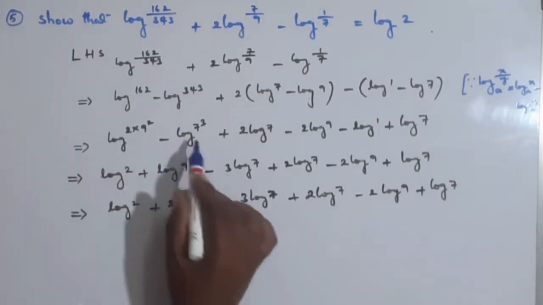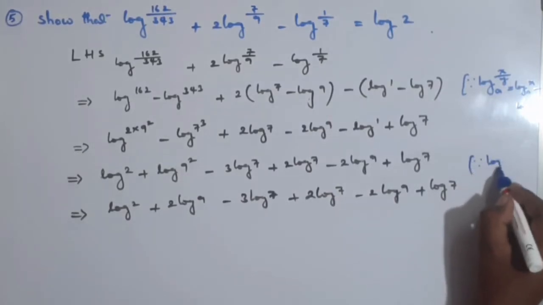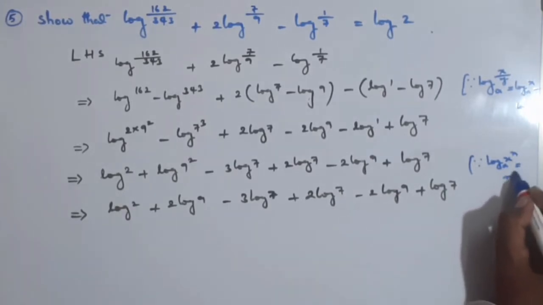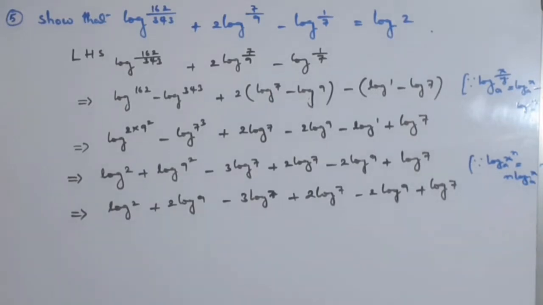I have written this by the formula log base a to x to the power of n equals n of log base a to x. Plus 2 log 9 minus 2 log 9 cancel.